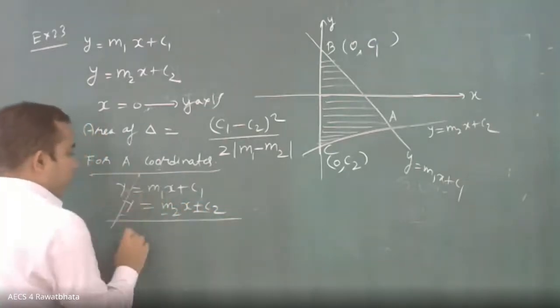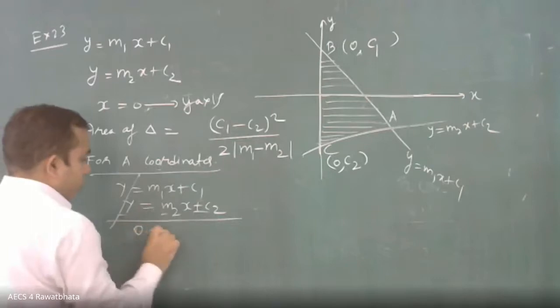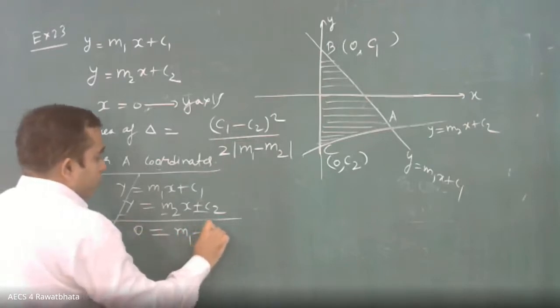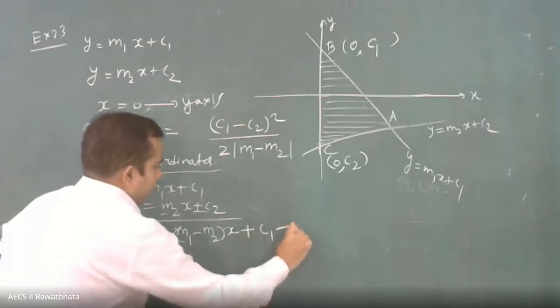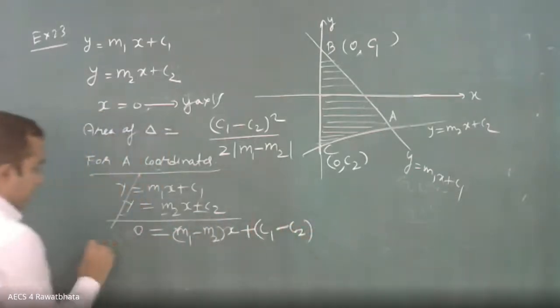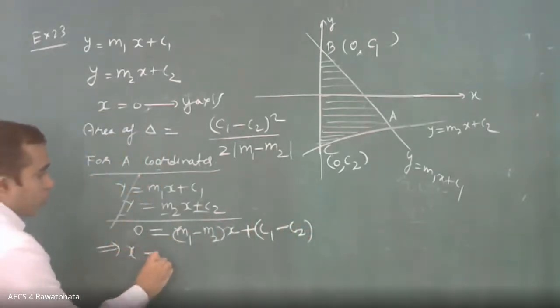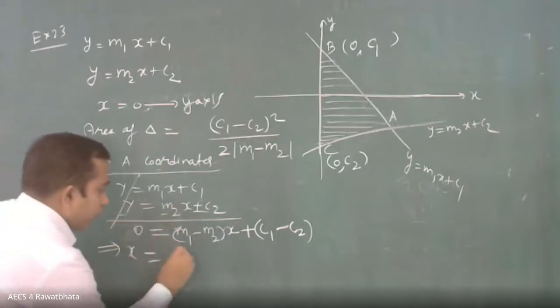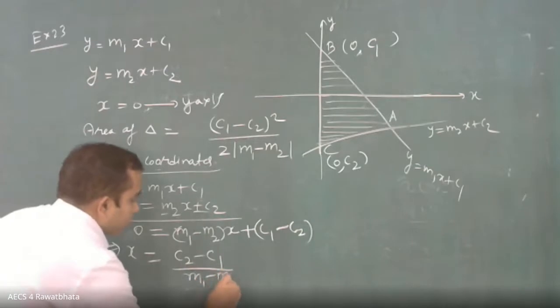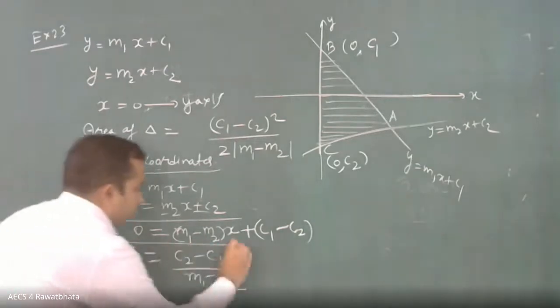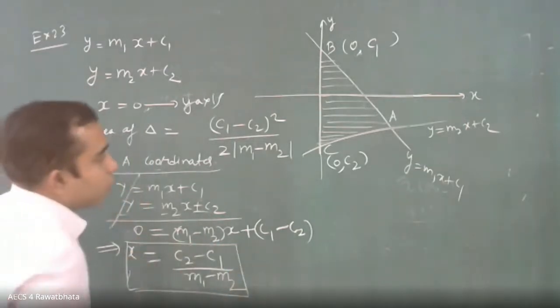Solve, and this will give you 0 equals (m1 minus m2) into x plus c1 minus c2, and then x equals, shifting this side, (c2 minus c1) whole upon (m1 minus m2). This is the x coordinate. Let us get the y coordinate also.